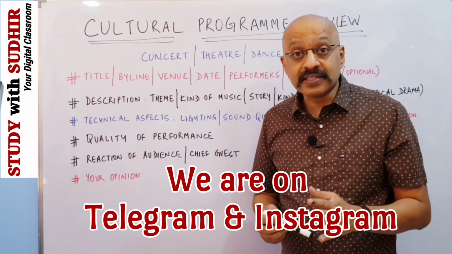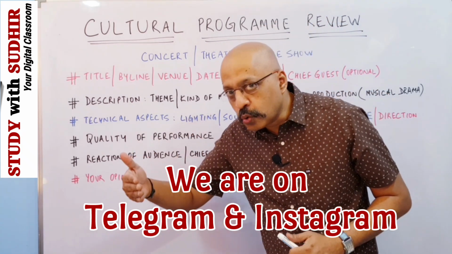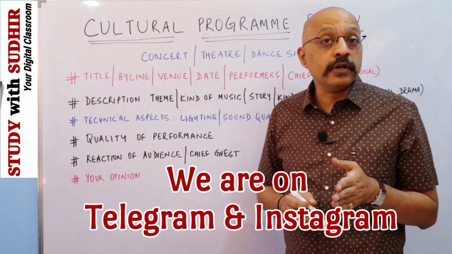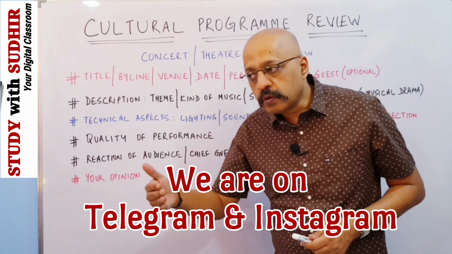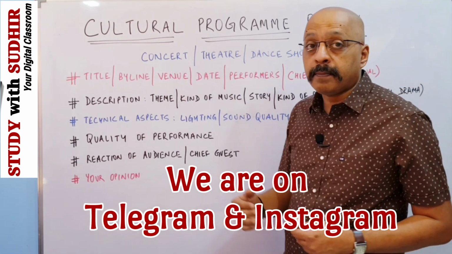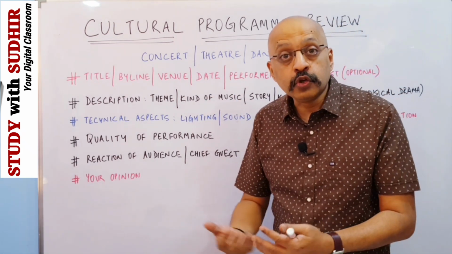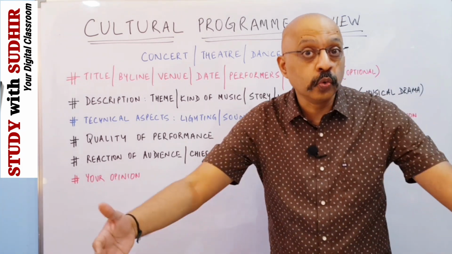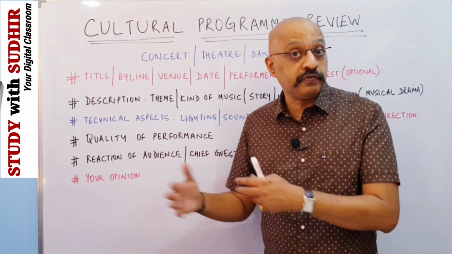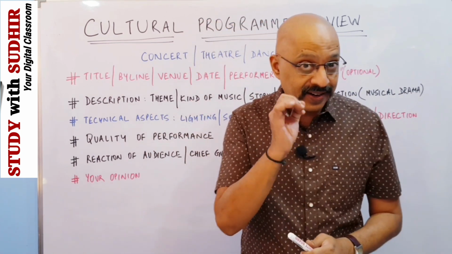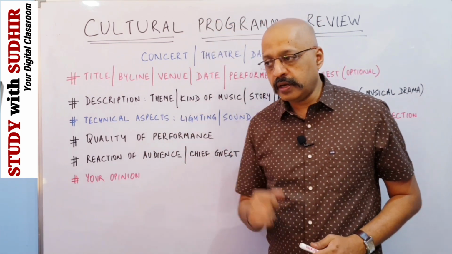How you write in a school magazine will be a little different from how you write in a newspaper, because in a school magazine you could be asked about a dance program or a play which was put up during the annual day function. So your audience will be the school students themselves, and there would be a chief guest, which is why here I have written chief guest optional. I'll come to that precise point in a moment.